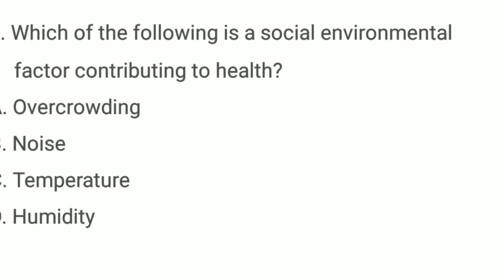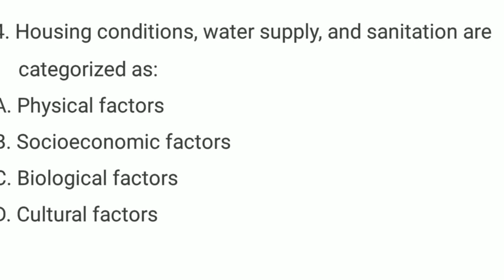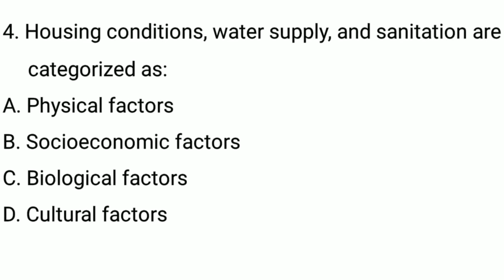Question number 3. Which of the following is a social environmental factor contributing to health? The right option is option A, overcrowding. Question number 4. Housing conditions, water supply and sanitation are categorized as.